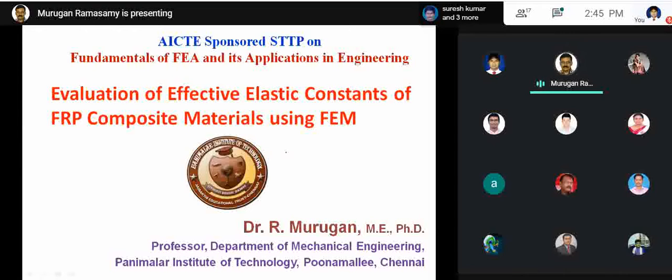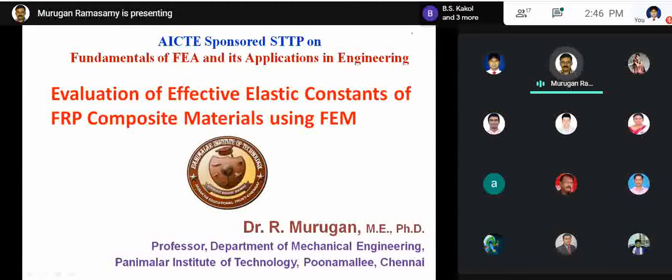So in this lecture, I am going to propose a method to determine the material property, that is, the elastic constants of an anisotropic material, because composite materials are not isotropic. That also we are going to discuss.